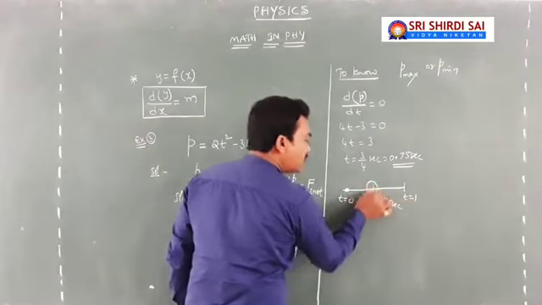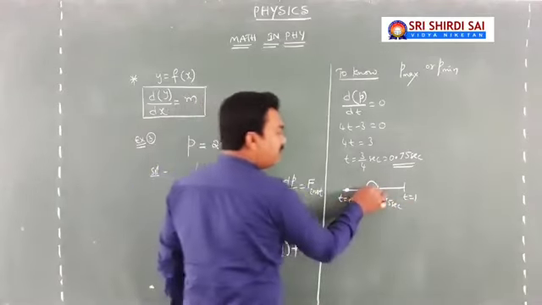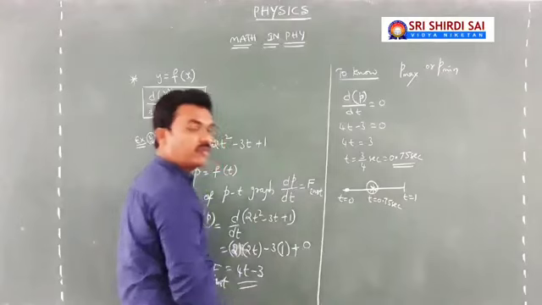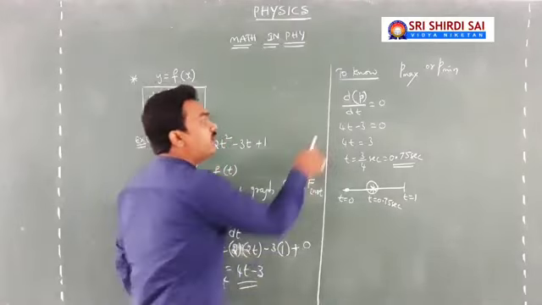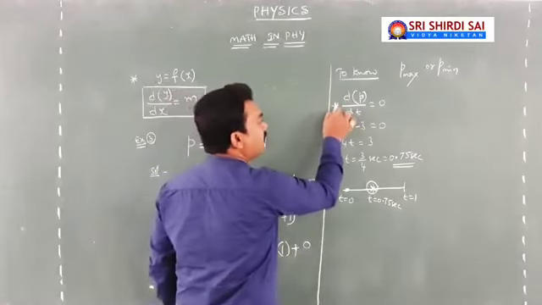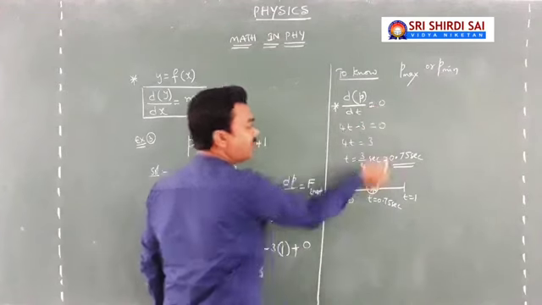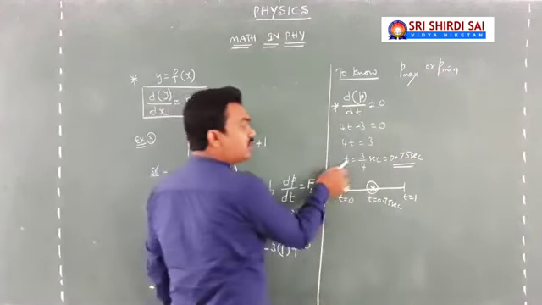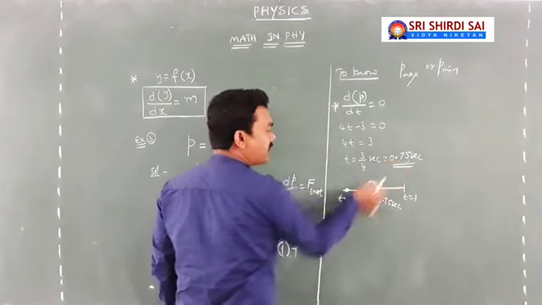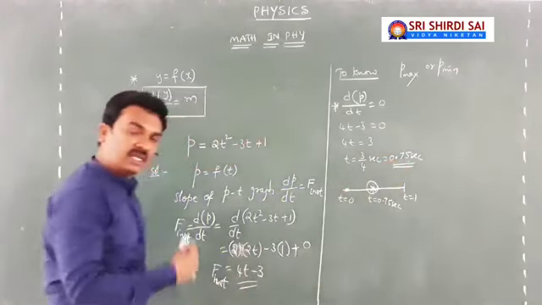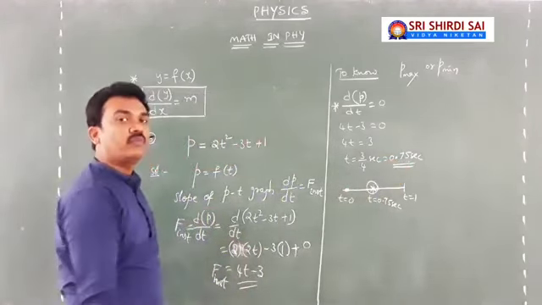At this particular instant of time, the momentum will be either maximum or minimum, because the derivative with respect to time is equal to 0 for either maximum or minimum. So at t equal to 3 by 4, 0.75 seconds, your momentum may be maximum or minimum.